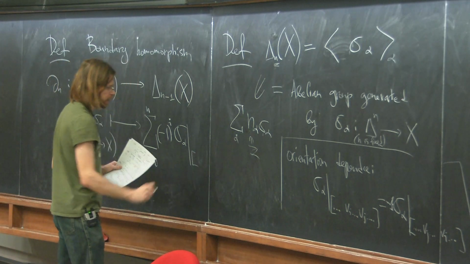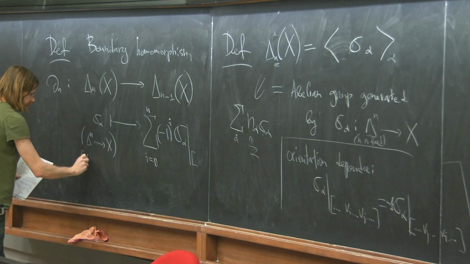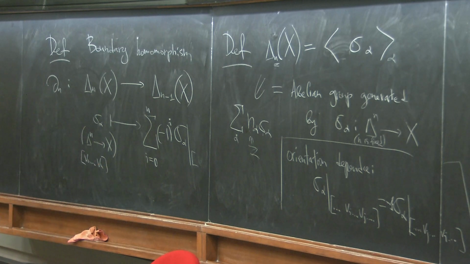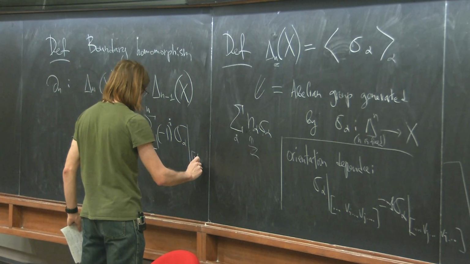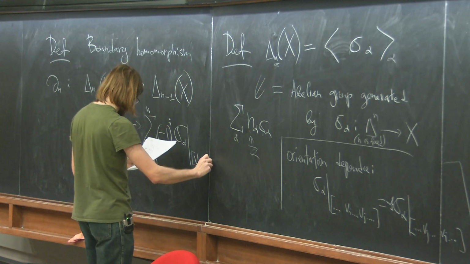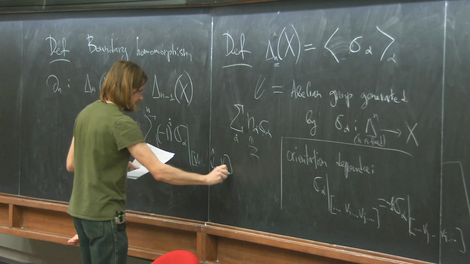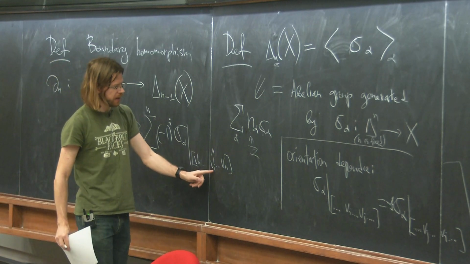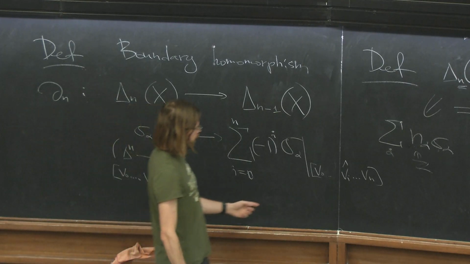restricted to a subsimplex of delta n. Suppose this was defined on delta n, where we label vertices from v0 to vn. Then we take a restriction to this subsimplex, which is a face of delta n obtained by removing the vertex vi. I remind you that this notation means that vi is omitted, so there will be n vertices.